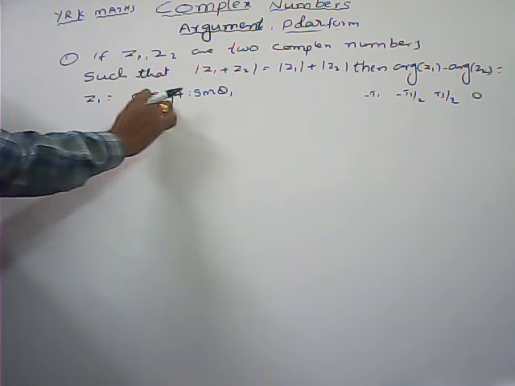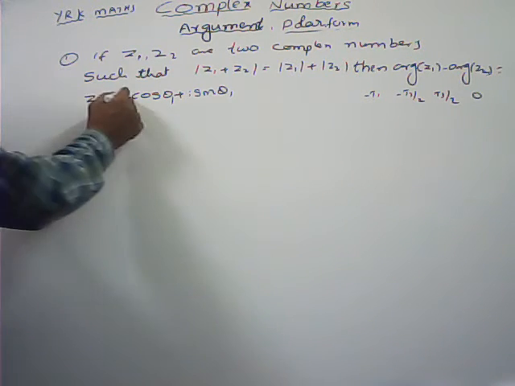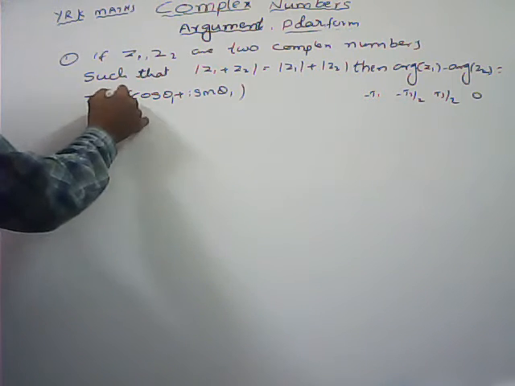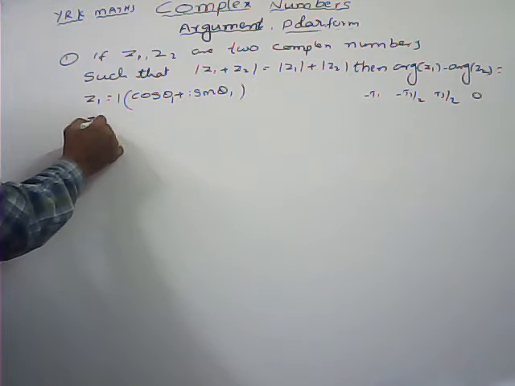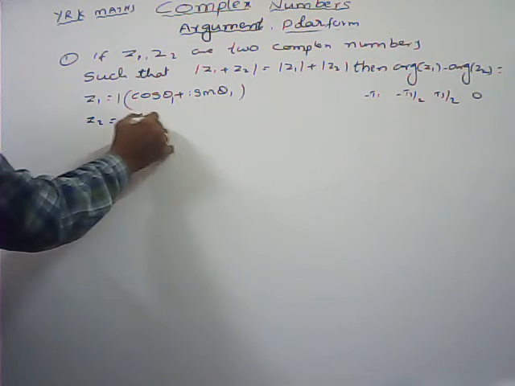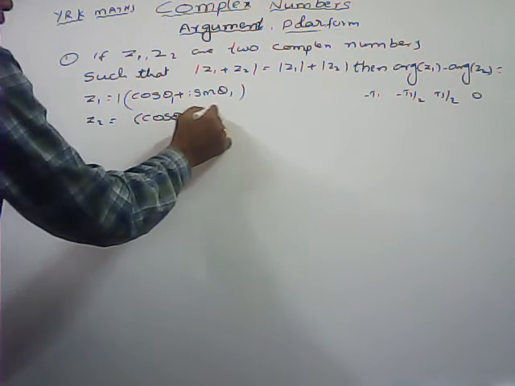Its modulus is the root of the real part whole square plus the imaginary part whole square, root of cos square theta 1 plus sin square theta 1, that is 1 only. So its modulus is already 1. And one more complex number, Z2, I take with argument theta 2: cos theta 2 plus i sin theta 2.